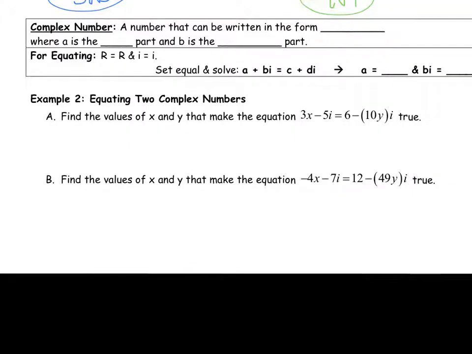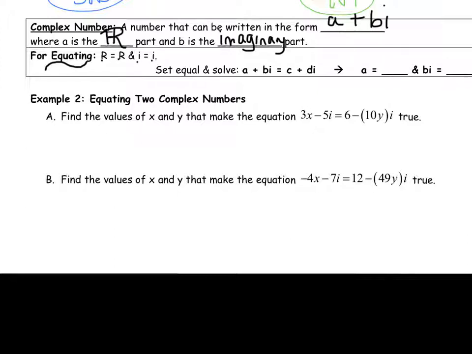A complex number has 2 parts. It can be written in the form a plus bi, where a is the real part and b is the imaginary part. So if we had to set 2 complex numbers equal to each other, the real parts would equal the real parts and the imaginary parts would equal the imaginary parts.